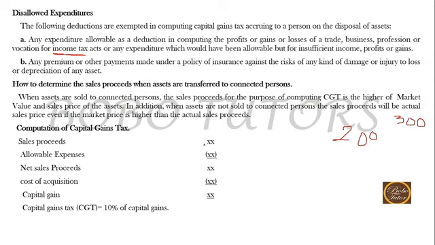Do you understand now? So they now said in addition, when assets are not sold to connected persons, that is someone that you are not connected with, the sales proceeds will be the actual sales price, even if the market price is higher than the actual sales proceeds.